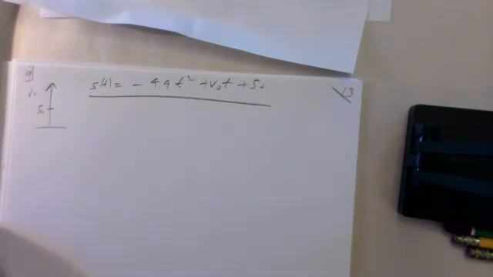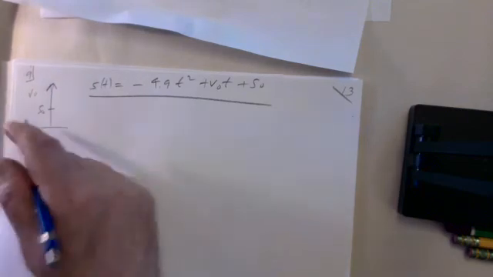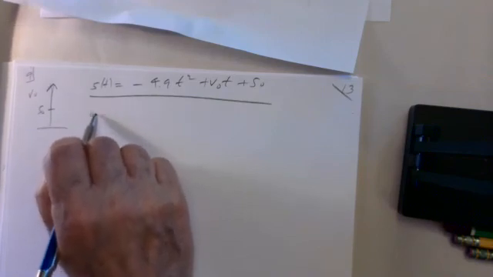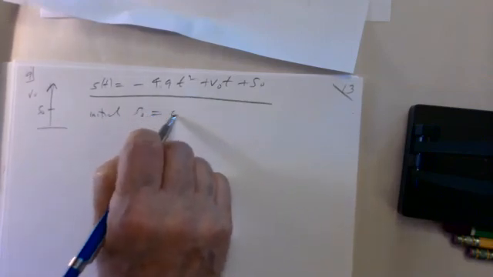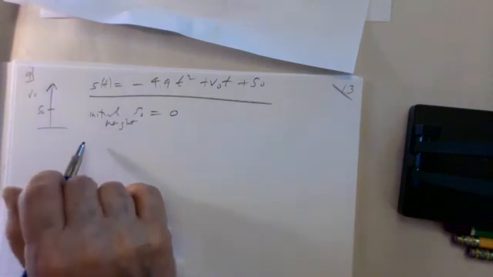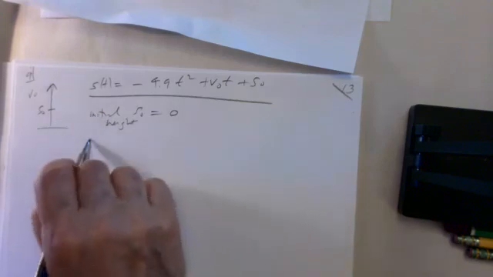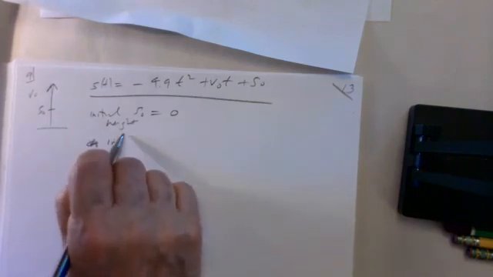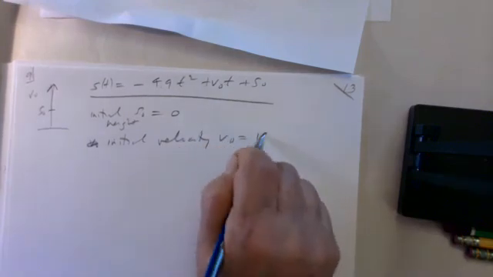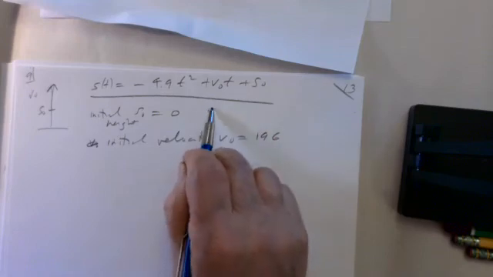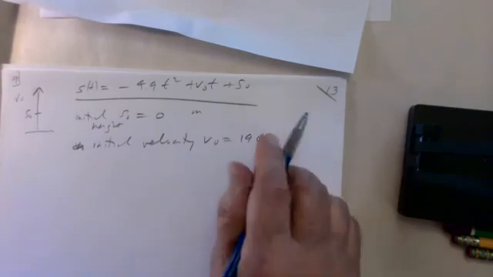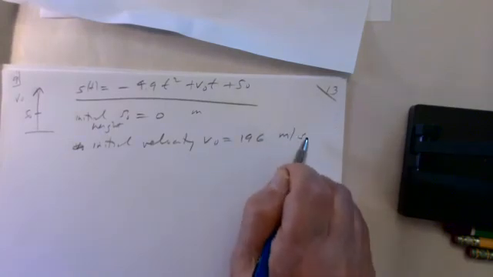In the problem at hand, we're told the ball is shot from the ground, so the initial height s0 is 0. And we're told the initial velocity v0 is 196. We're measuring things in meters and seconds, so the initial velocity is 196 meters per second.